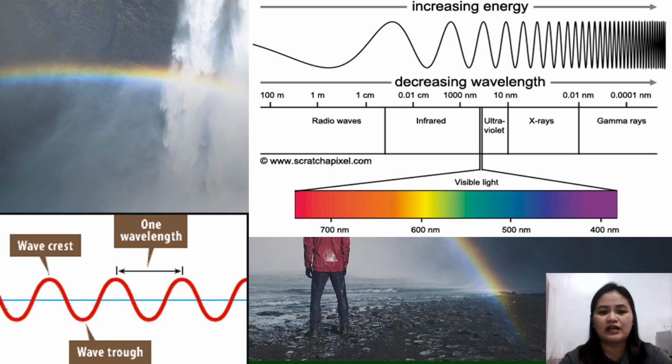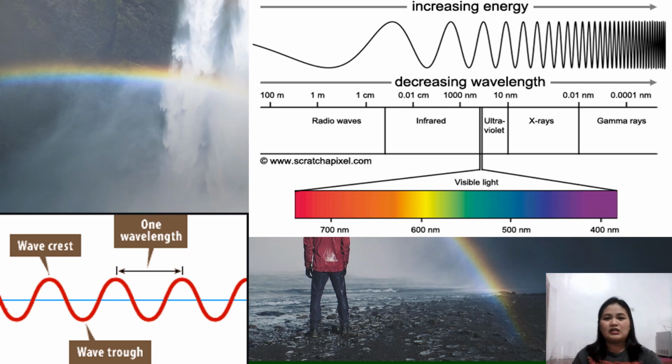It means that the color with the longest wavelength is the red. And the color with the shortest wavelength is the violet. Kabaliktaran siya ni energy. So red has the least energy, but it has the longest wavelength.